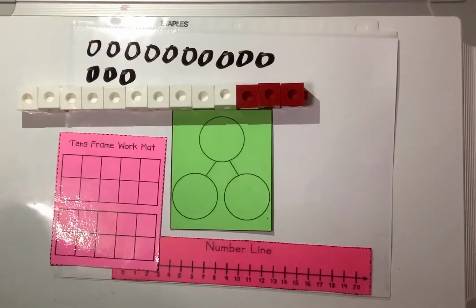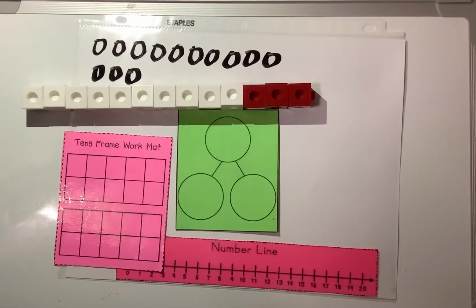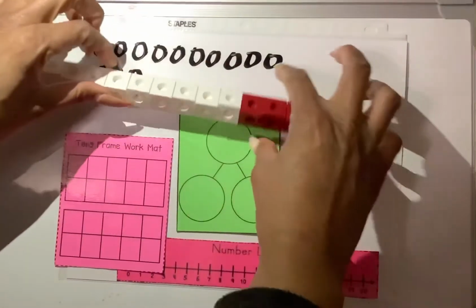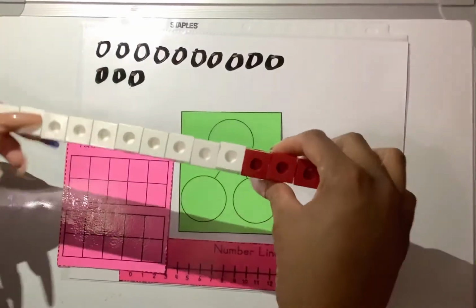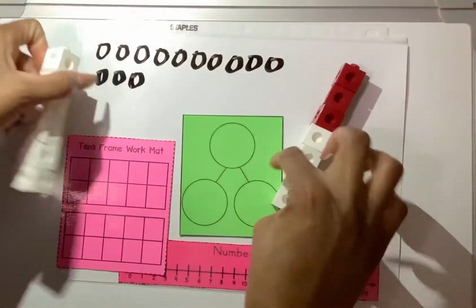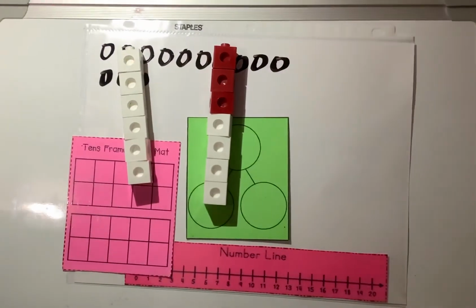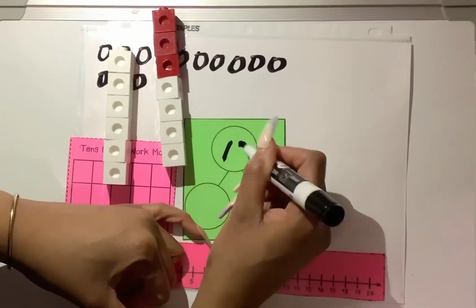So 13 animals at the zoo. Some are reptiles and some are mammals. So look at how I can show. I have my 13, which is my whole. And I'm going to just break it like that. What do you guys see? 2 parts. So in my number bond, I'm going to write 13.